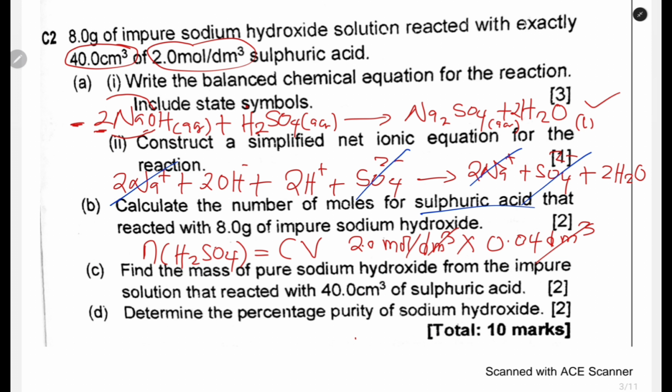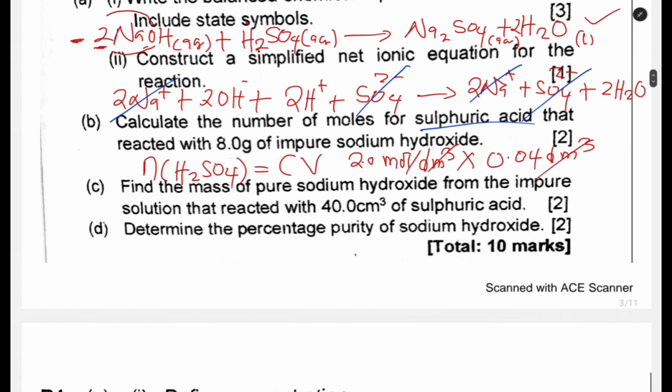Find the mass of pure sodium hydroxide from impure solution that reacted with 40 cubic centimeter of sulfuric acid. So how do we do this? To find the mass of pure sodium hydroxide from the impure solution, we need to find the number of moles of sodium hydroxide.